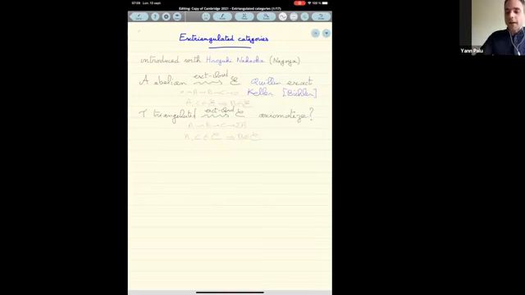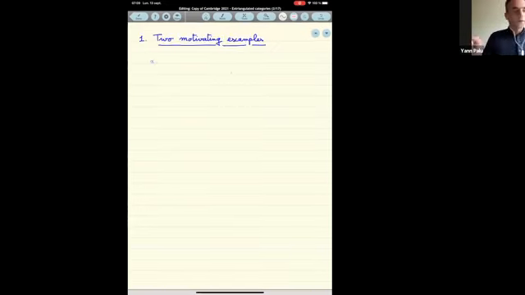And as more motivations, I will give two examples where this notion of extriangulated categories might naturally arise. So the first example comes from the setting of an exact category.